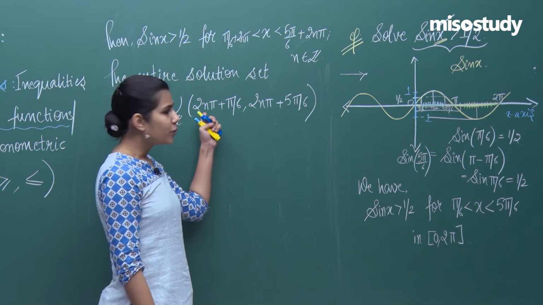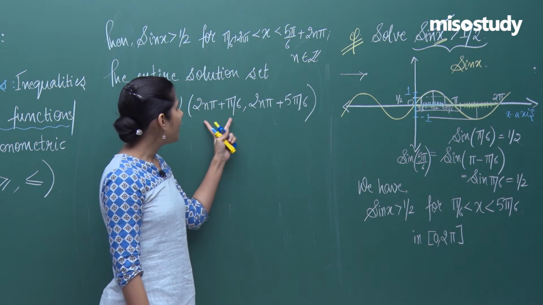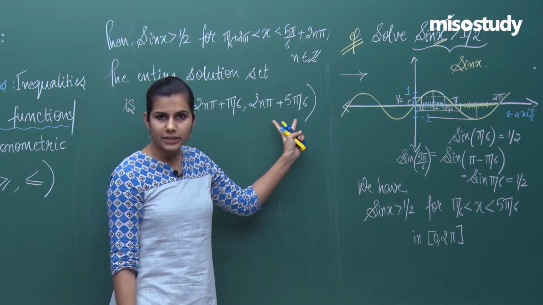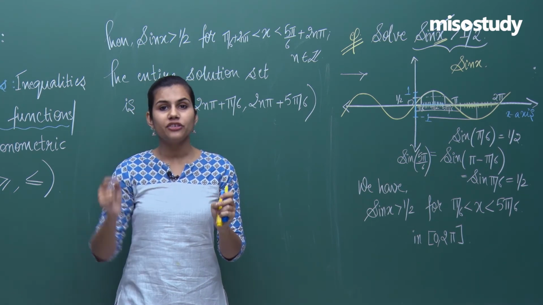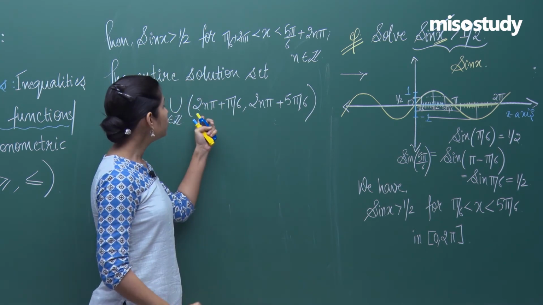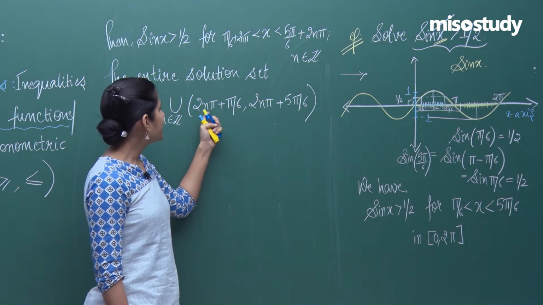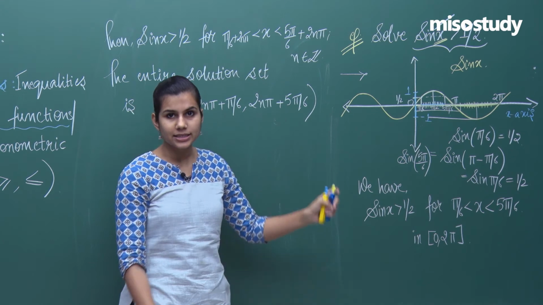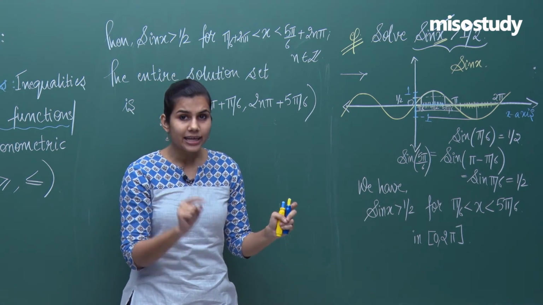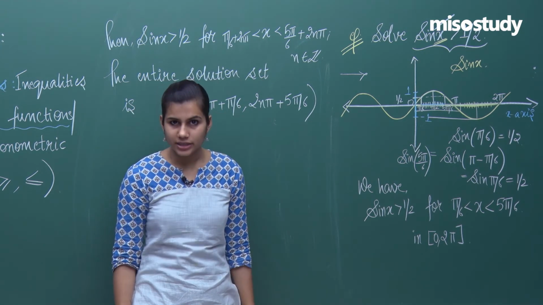That means you put n equals 1, you get 2 pi plus pi by 6, comma 2 pi plus 5 pi by 6. This is one interval consisting of angles whose sine ratio is greater than half. Then you put n equals 2, you get 4 pi plus pi by 6, comma 4 pi plus 5 pi by 6. This is again an interval consisting of angles whose sine ratio is greater than half.